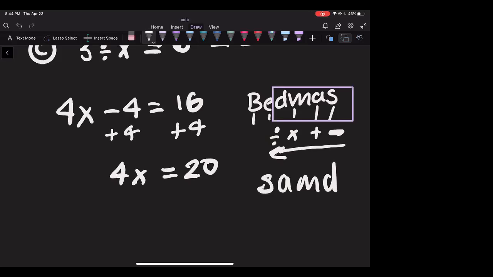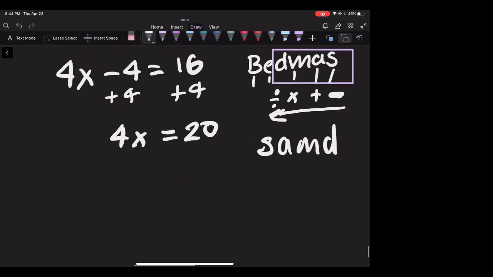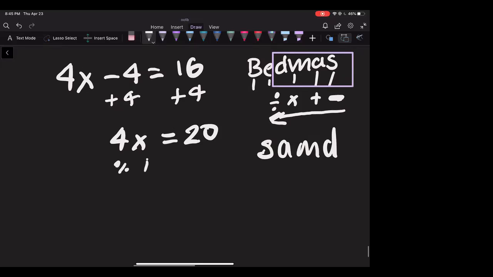No. Do we have division or multiplication? Yes. Multiplication. What's the opposite of multiplying? Division. So I'm going to divide 4 on either side. So is it equal 5? Yep, x is equal to 5.